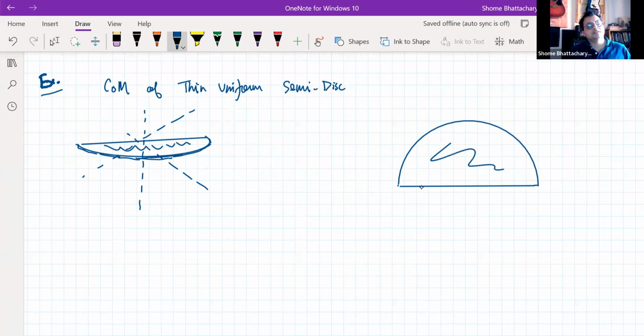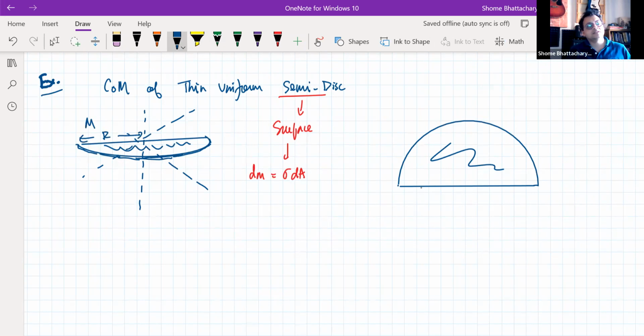But before that, this is what kind of distribution? This is a surface distribution. So when we do the integration, we'll have to take the differential mass element as sigma into dA. So let's say the mass of the semi-disk is m and this radius is r.